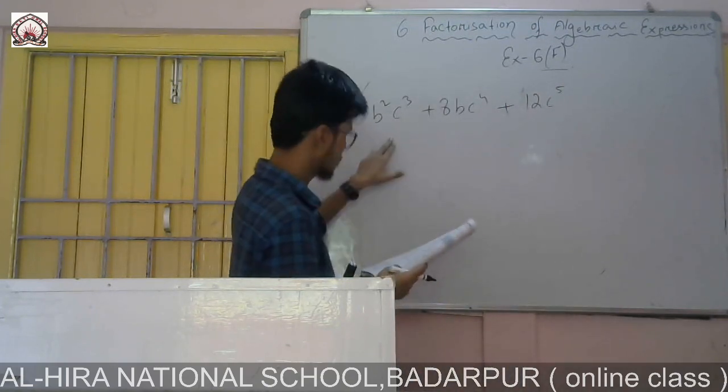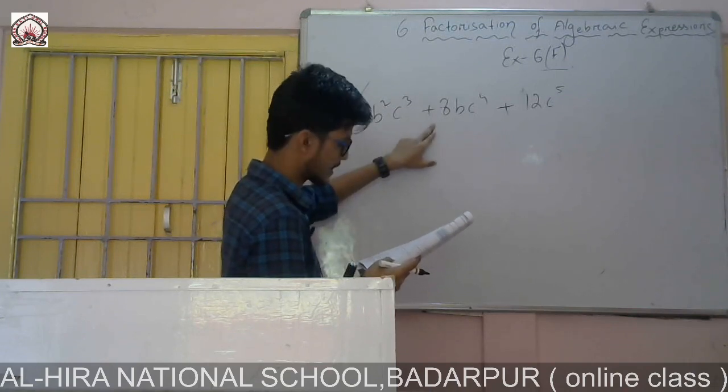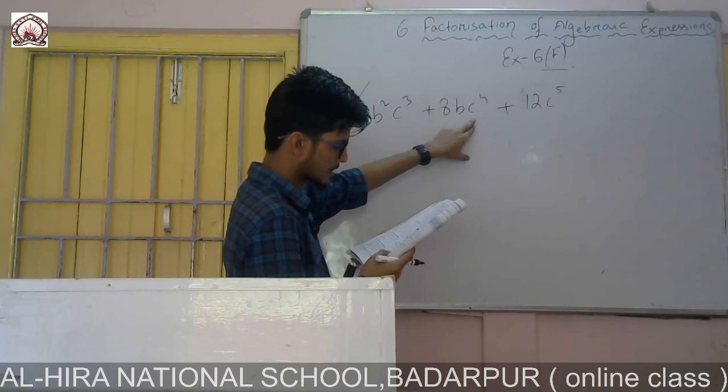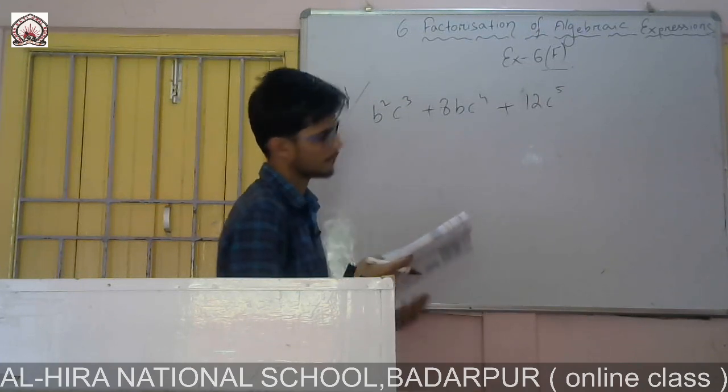Yes, the question is b square c cube plus 8bc to the power 4 plus 12c to the power 5.